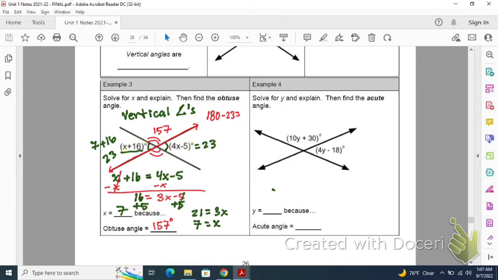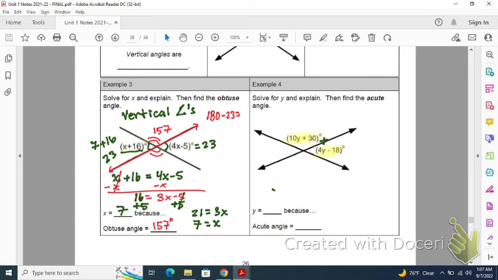Okay, last example. Solve for y and explain, then find the acute angle. These two angles are not vertical angles, but they are a linear pair. That means they are going to add up to 180. So for this case, we're not going to set them equal to each other. We're going to add these two.